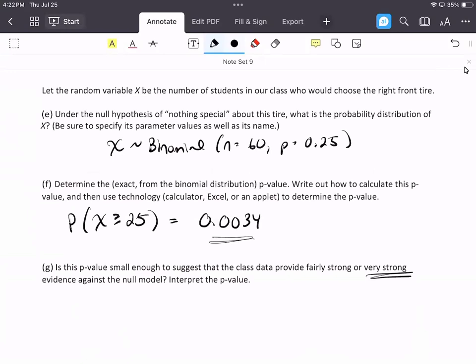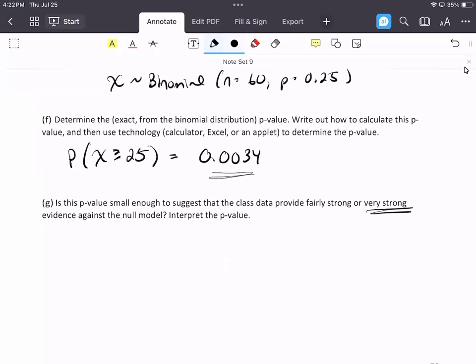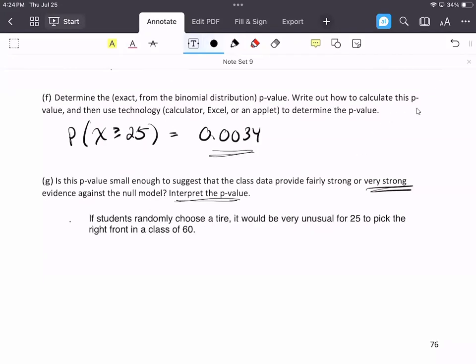So let's put this, and hopefully this will make more sense as we keep plugging along. Here, interpret the p-value. If students randomly choose a tire, so any of the 4 are equally likely, it would be very unusual for 25 to pick the right front tire in a class of 60.